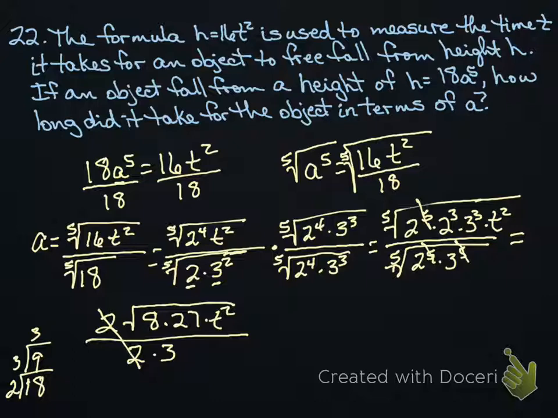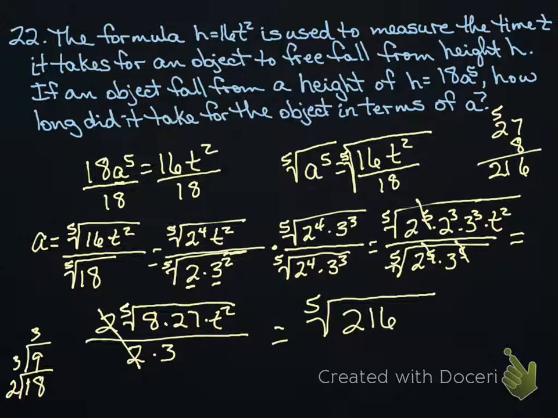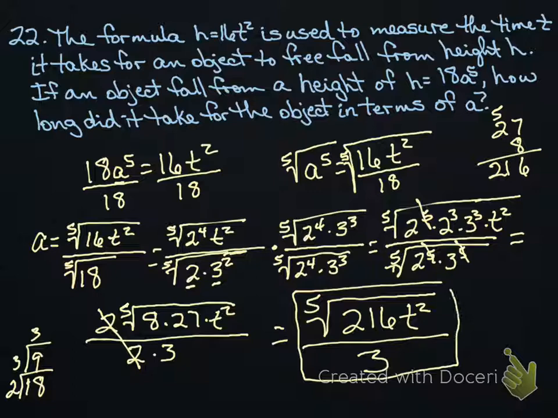Let's see, 8 times 27, that's 216. So I end up with the fifth root, excuse me, let's make sure we get that right. The fifth root of 216 t squared divided by 3. And that's a.